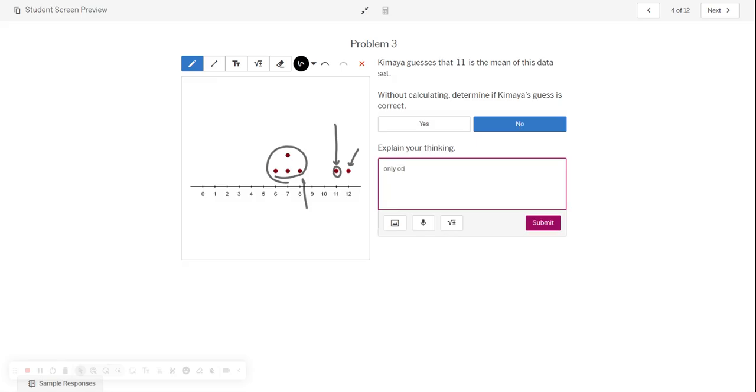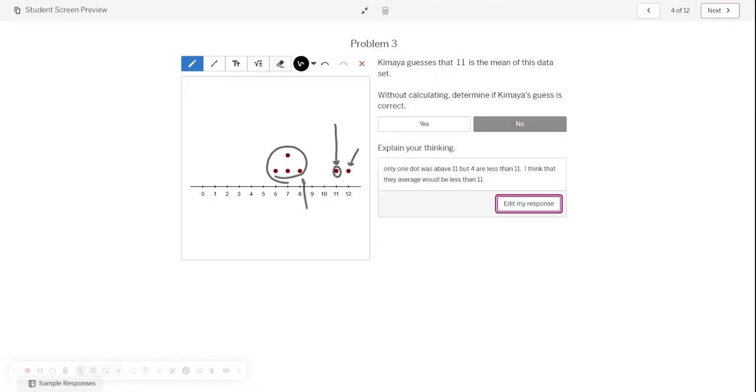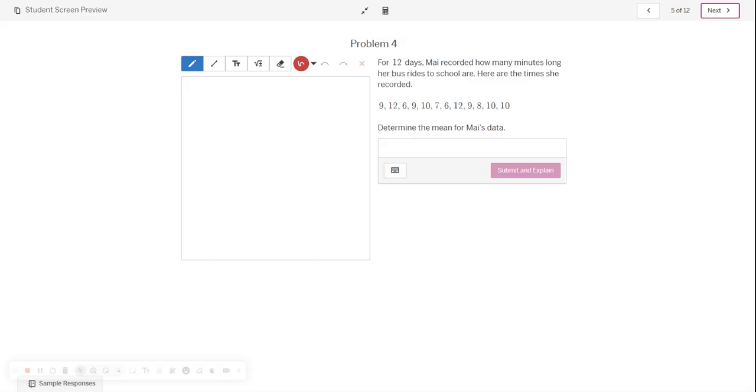Only one dot was above 11, but 4 are less than 11. I think the average would be less than 11. I think it's about 8.5 or something.